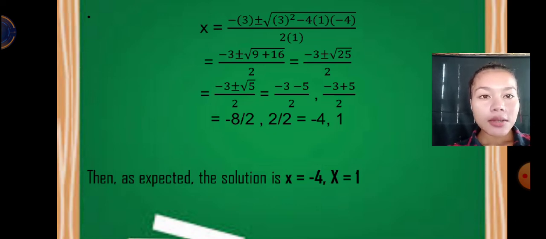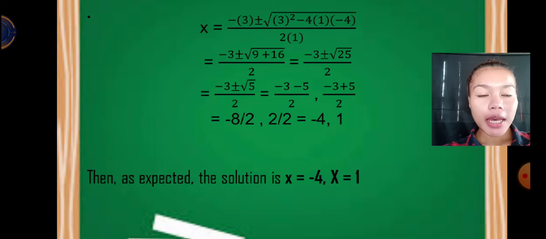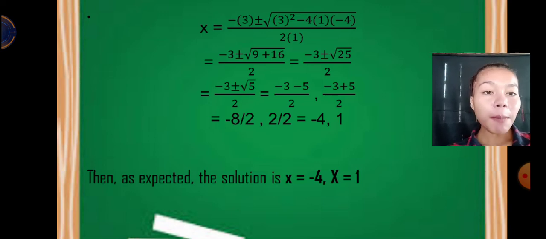The negative 3, plus or minus the square root of 9 plus negative 4 times 1 times negative 4, which is positive 16, over 2. That becomes negative 3 plus or minus the square root of 9 plus 16, which is 25, over 2.